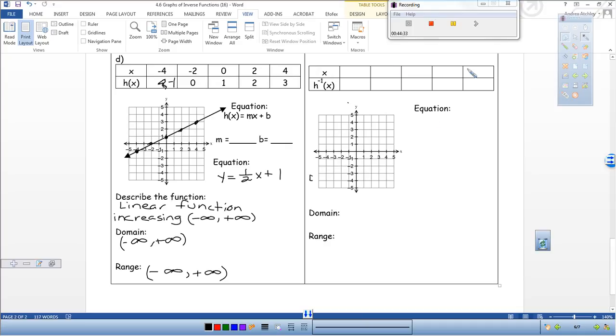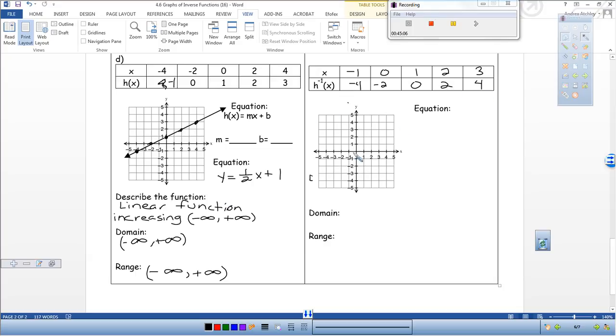You can graph the ordered pairs and then find the slope and the y-intercept, or you can switch the x and y and solve. Either way will work. You'll get the same answer. Probably the easier way is just to graph the points. So I should graph -1, 0, 1, 2, 3, and then -4, -2, 0, 2, and 4.